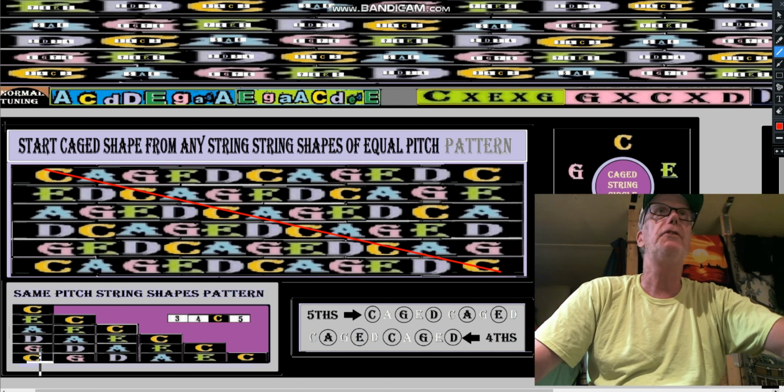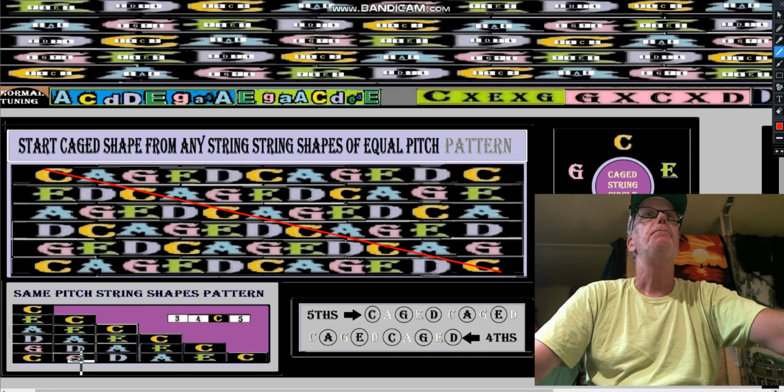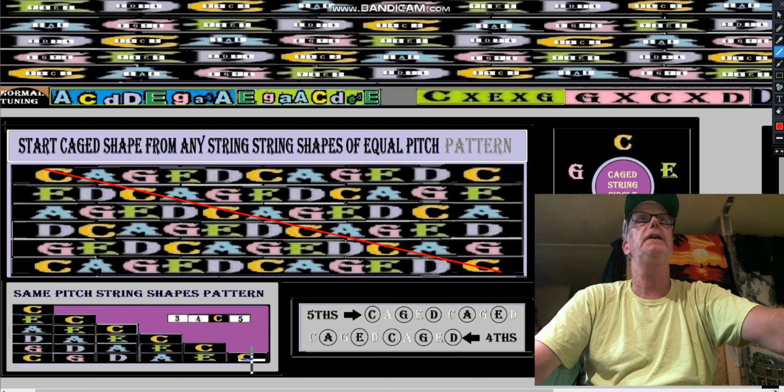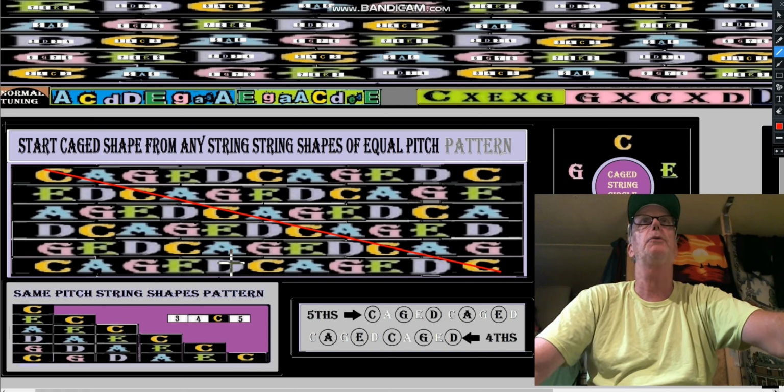So this one's in fourths. The fourth of C is the fifth of C is G. It's in fifths. Fifth of G is D. Fifth of D is A. Fifth of A is E, and the augmented fifth of E is C. So let's follow that from here. The fifth of C is G. The fifth of G is D. The fifth of D is A. We're skipping every other one.